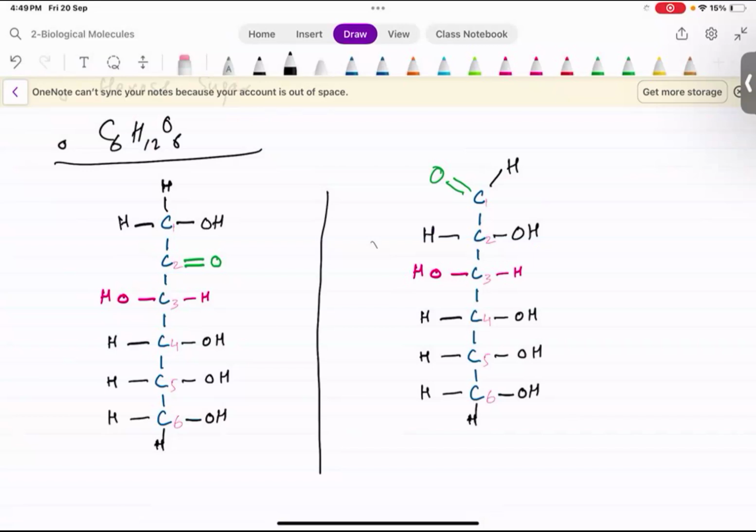So this is glucose and this is fructose. Can somebody tell me what is the difference in glucose and fructose?